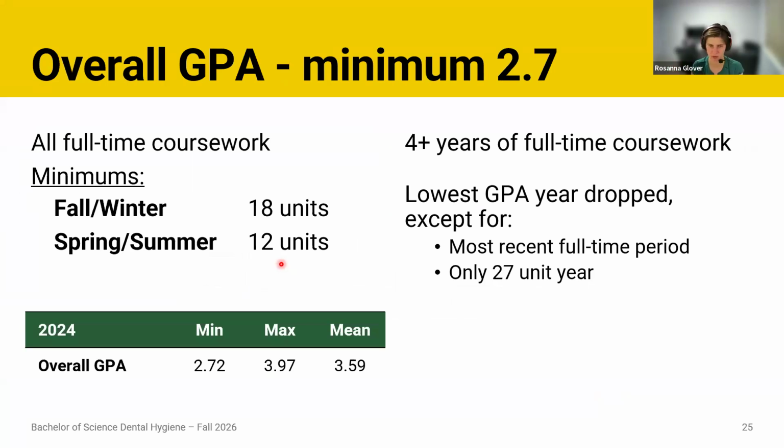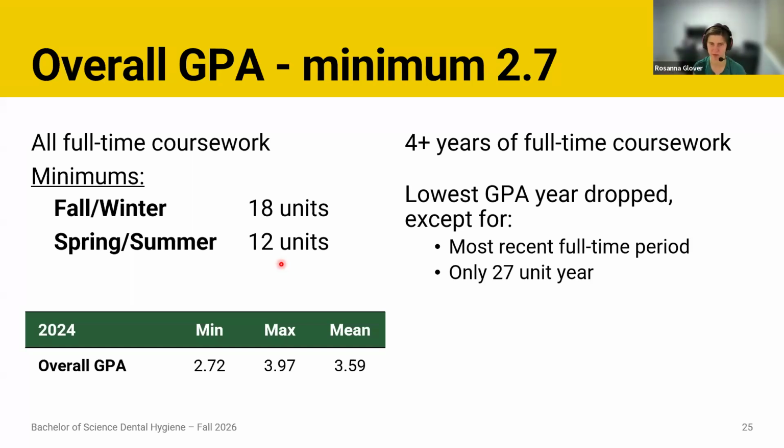So it's all full-time coursework. If you did 18 units in fall winters, 12 units in spring summers, any of those are going to be included. Like I said, if you did like one spring summer course, that's not going to be included. So make sure when you're doing your GPA calculation to figure out where you're sitting at, that you're excluding those periods that don't have the full-time study and keeping everything that does.